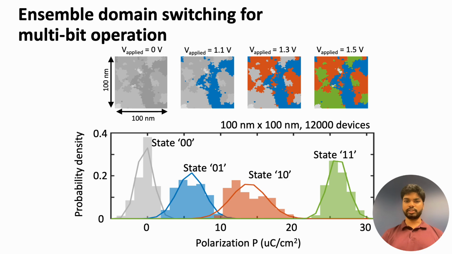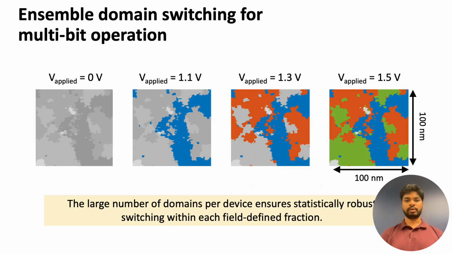So now we summarize the distribution of the 4 states across 60,000 devices, showing minimal overlap, indicating the possibility of robust multibit operation, despite variation in the switching kinetics and remanent polarization. The reason this works is because of statistical variation within the 100 nanometers by 100 nanometer devices. Each 100 nanometer by 100 nanometer device contains a large number of domains. So the fraction of domains that switch at each of these given fields is reproducible from device to device.